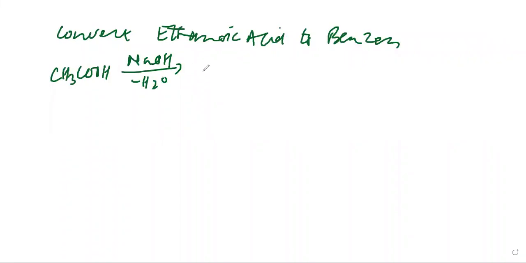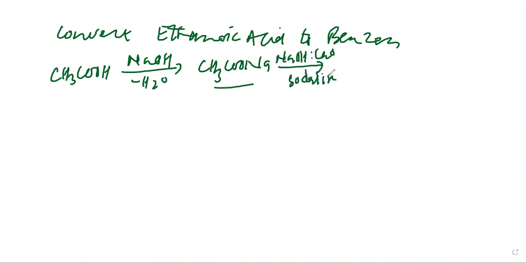A water molecule is removed, and then we get the sodium salt of ethanoic acid. This sodium salt of ethanoic acid, when it undergoes the reaction with NaOH and CaO, that is soda lime, decarboxylation takes place. And due to the decarboxylation reaction, my dear students, we get methane produced.